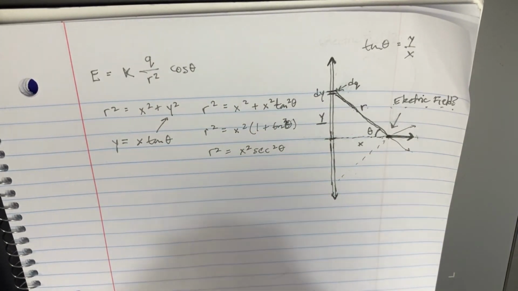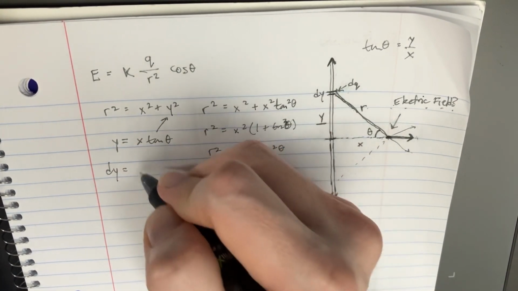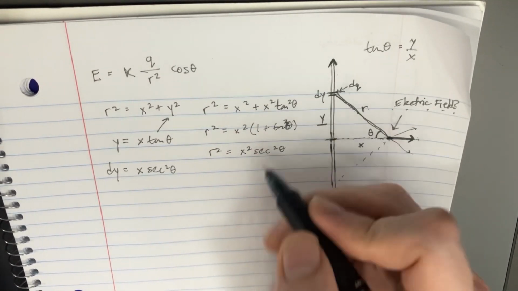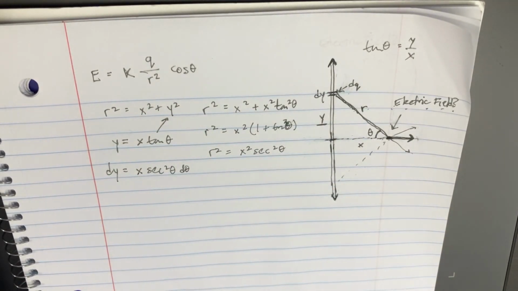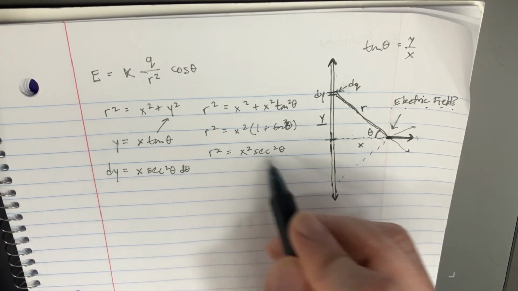We're getting somewhere now, because remember that dy is the derivative of this. So that's going to be x secant squared theta d theta.